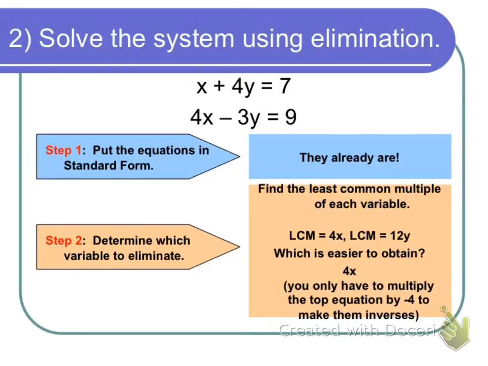So remember then, this kind of shows you too that if we multiply the top equation by 4, we'll end up with a 4x, and we still can't eliminate that other 4x. So somewhere along the line we'd have to do some kind of subtraction or distribute a negative. But if you could do it in one step by multiplying the top equation by -4, you can make them inverses.